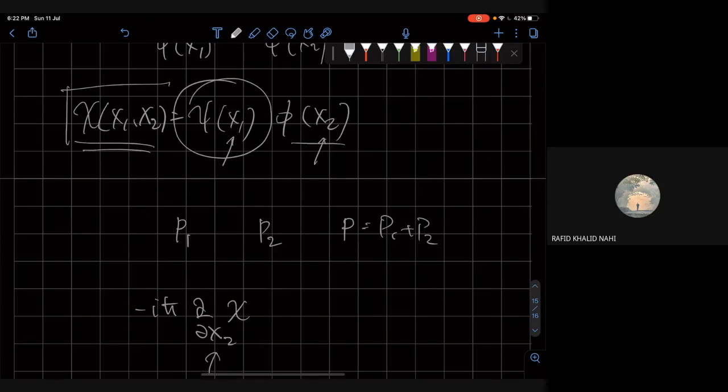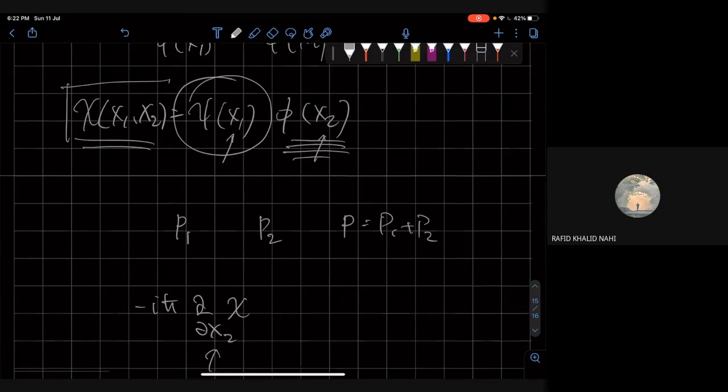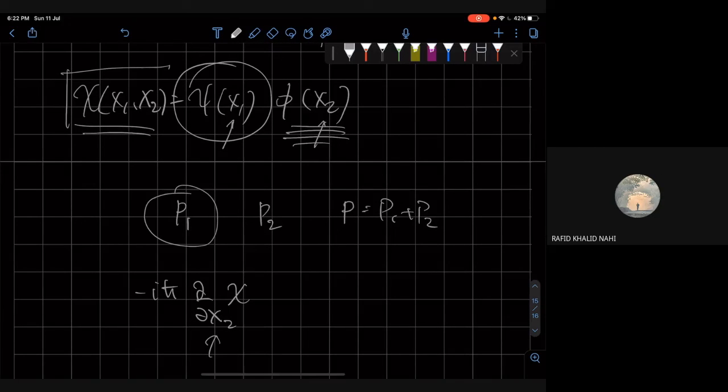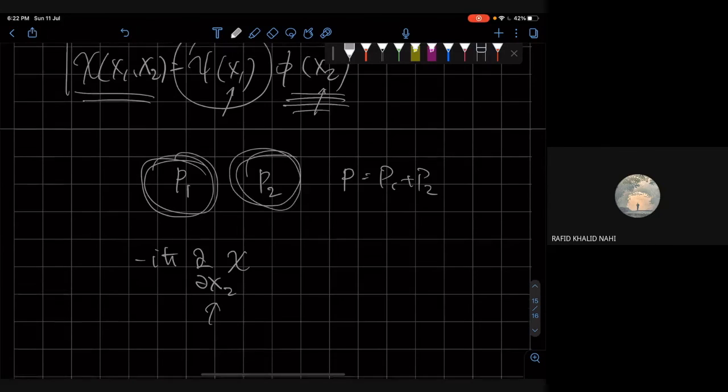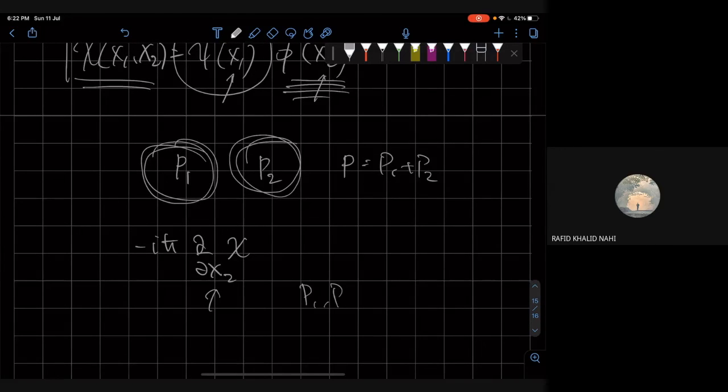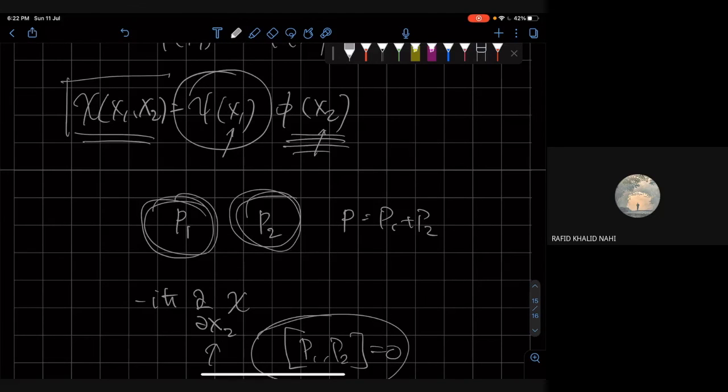This derivative is only acting on this thing, and that's exactly what we're doing with the operators in a tensor product. They act on the particular Hilbert space and leave the other thing alone. Because P1 is a derivative with respect to x1 and P2 is a derivative with respect to x2, P1 and P2 will commute because they live on different spaces, right? Now things are quite clear. It's just this familiar thing formalized.